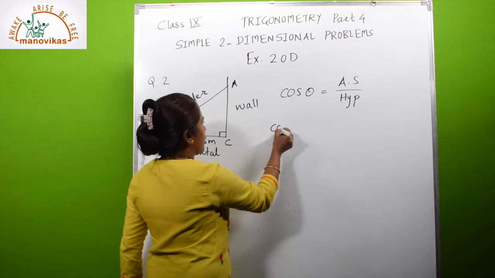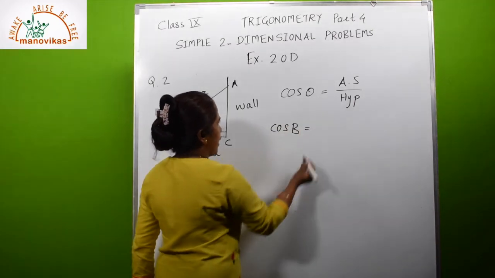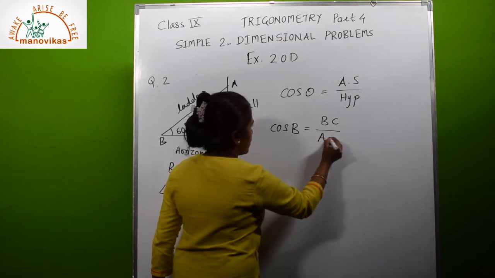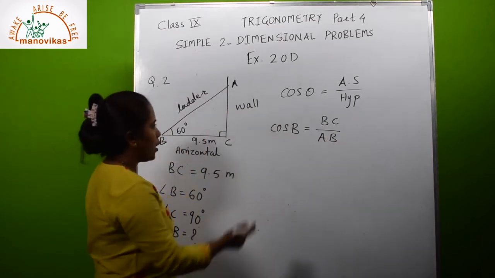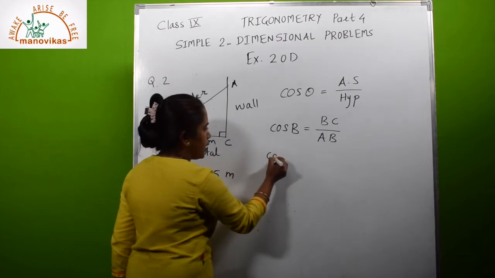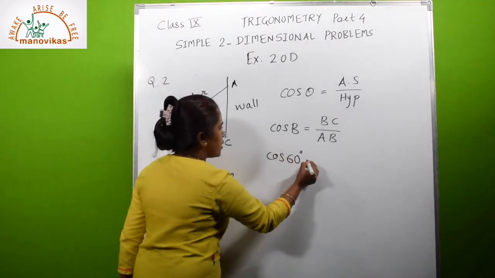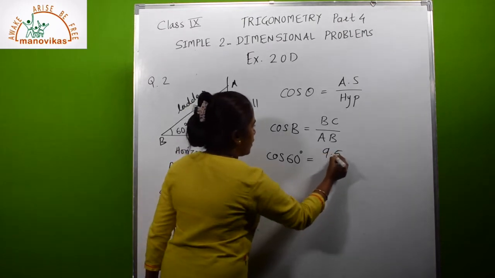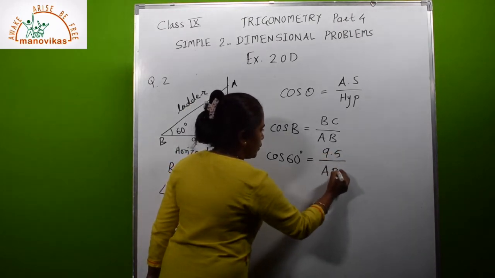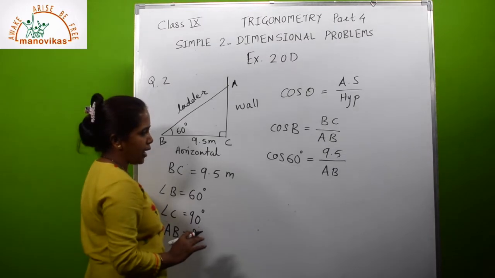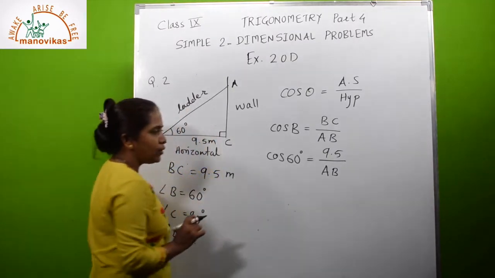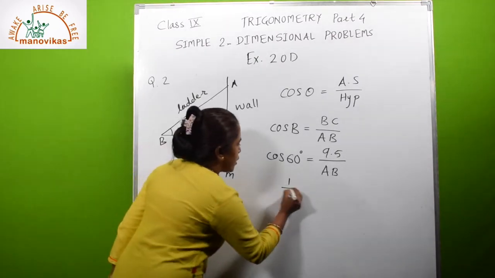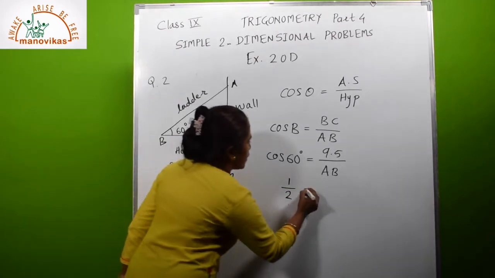So we can write cos B as adjacent side BC upon hypotenuse AB. Now angle B is given as 60, so cos 60 degree is equal to BC, which is 9.5, upon AB. We are going to find AB, so write it as it is. Now we know the value of cos 60. Cos 60 is 1 upon 2, so substitute it.